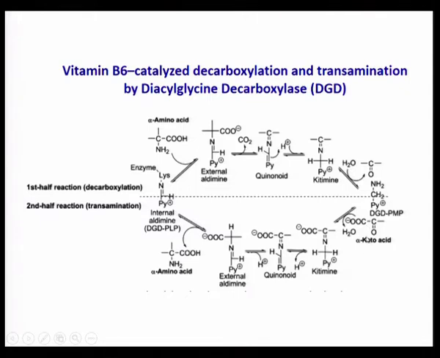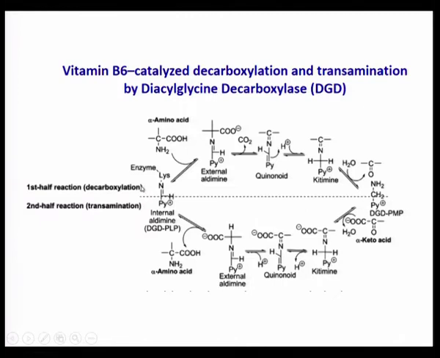Then the reaction proceeds further. So once you have an alpha keto acid, again the reaction proceeds, and finally you look at here you have a two-step reaction with the same mechanism where you have a decarboxylation happening and you also have a transamination. So the mechanism is basically, it's not like two different reactions are happening simultaneously, but rather you can take it this way.